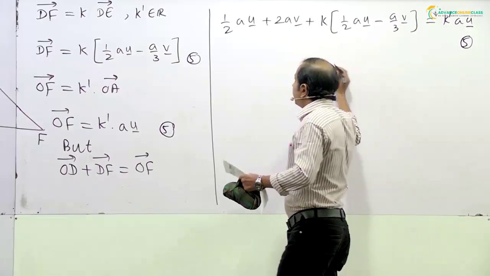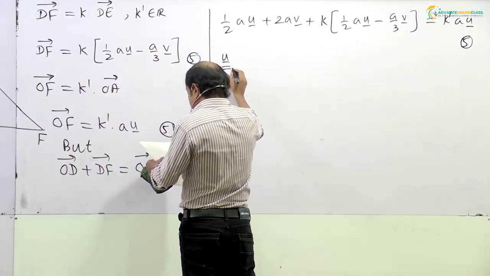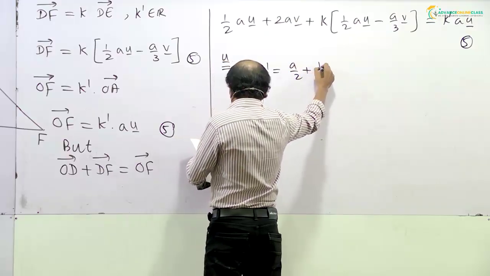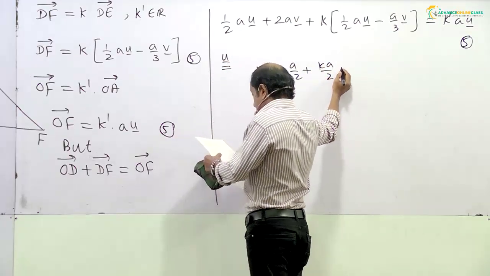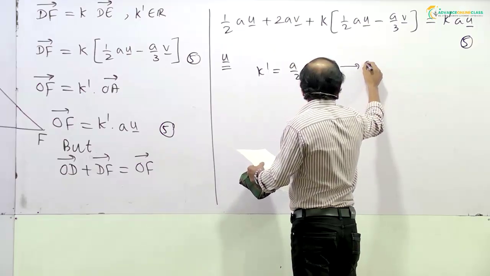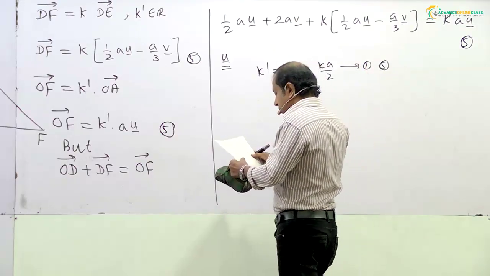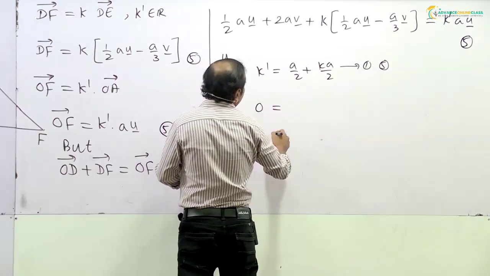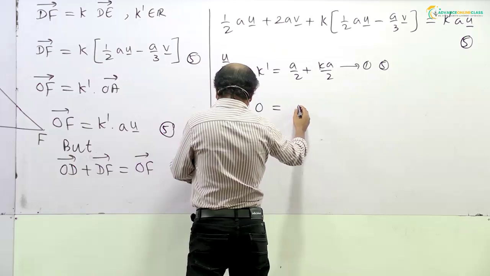Once you equate the coefficients of U, we get K dash like this: A by 2 plus KA by 2. Equation number 1, 5 marks. Equate the coefficients of V, left hand side, right hand side, 0.